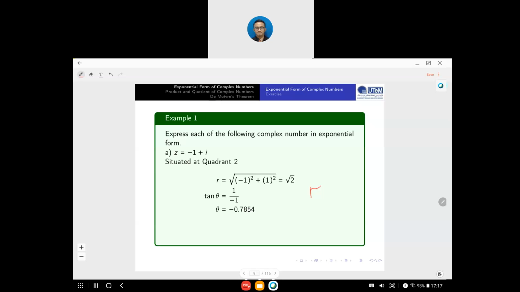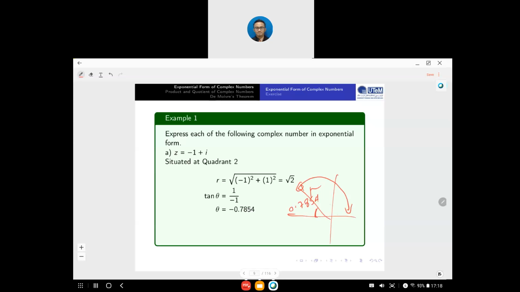And then you can get theta equal to -0.7854. Negative here.